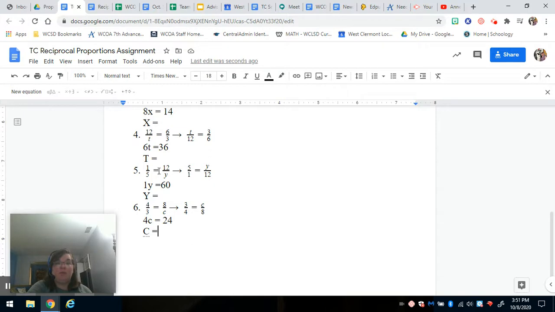You could set it up like this, your friend could set it up like that, but they're the same thing. You'll still get the same answer. Depending on how you interpreted the question, you might think 5 over 1 is how to set it up, but you could still do 1 over 5 as long as 12 over y matches whatever the setup is. All right?